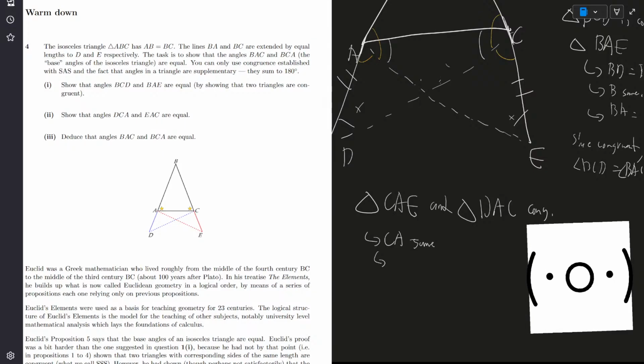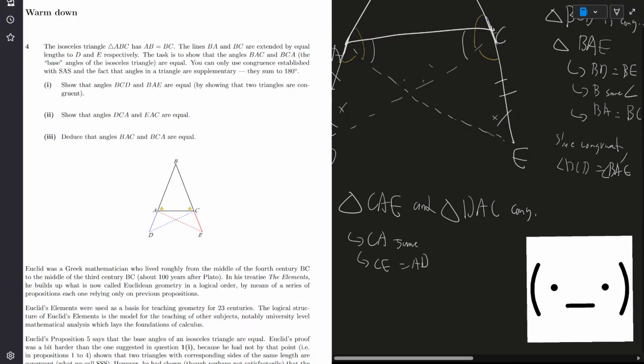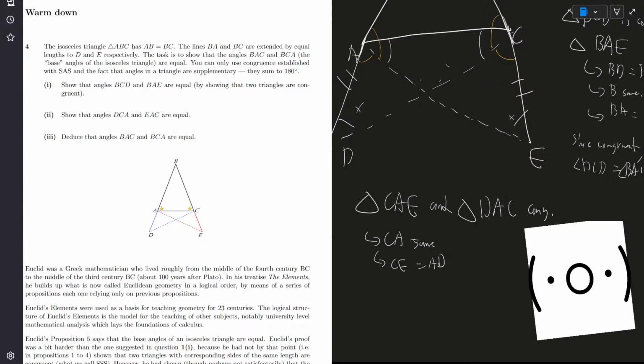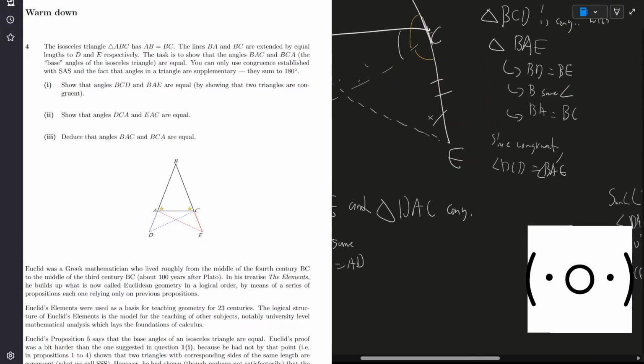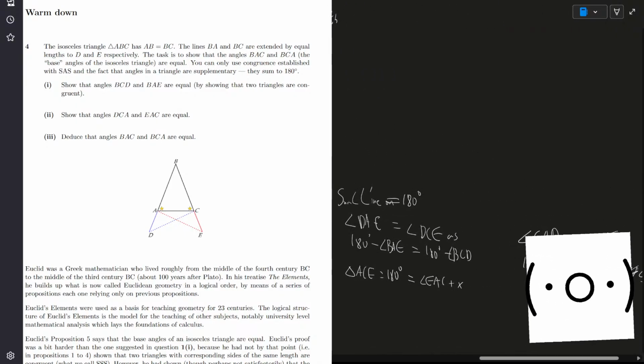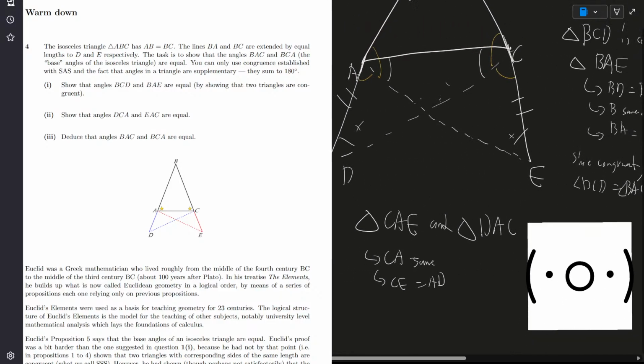Oh my god, wait, we have two already. Yes, we do. CE equals AD. And now we just need an angle. Oh, would you guess it? Now we just need CAD equals ACE. So that was what that was about.